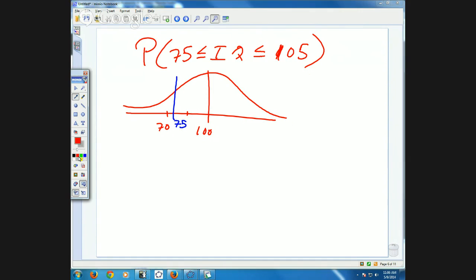And then on the other side, 1 standard deviation to the right is 115. I'm only going to 105, so that's about maybe right there, perhaps. And so I want to find what is this area in between there. Okay, what do you type on the calculator? Give it a shot, and let's see if we get the same numbers.